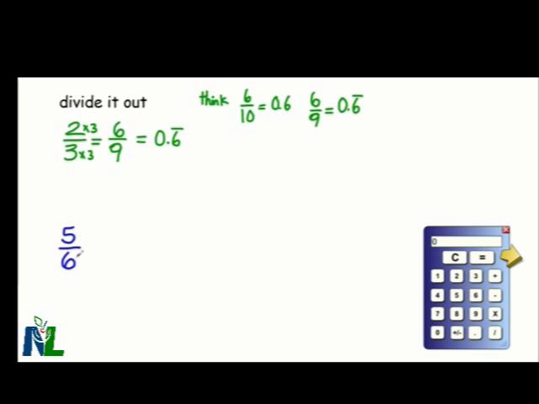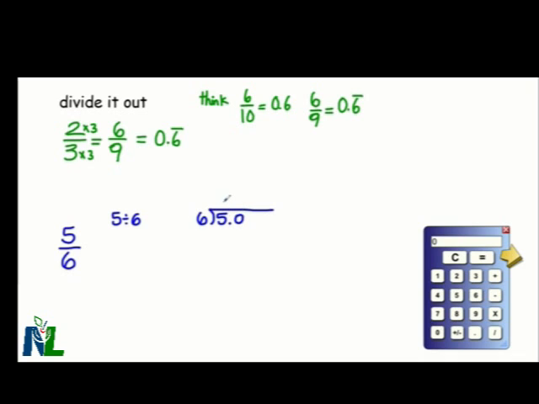So 5/6, a fraction simply means to divide. So that's going to be 5 divided by 6, or to write it as long division, 6 divided into 5.